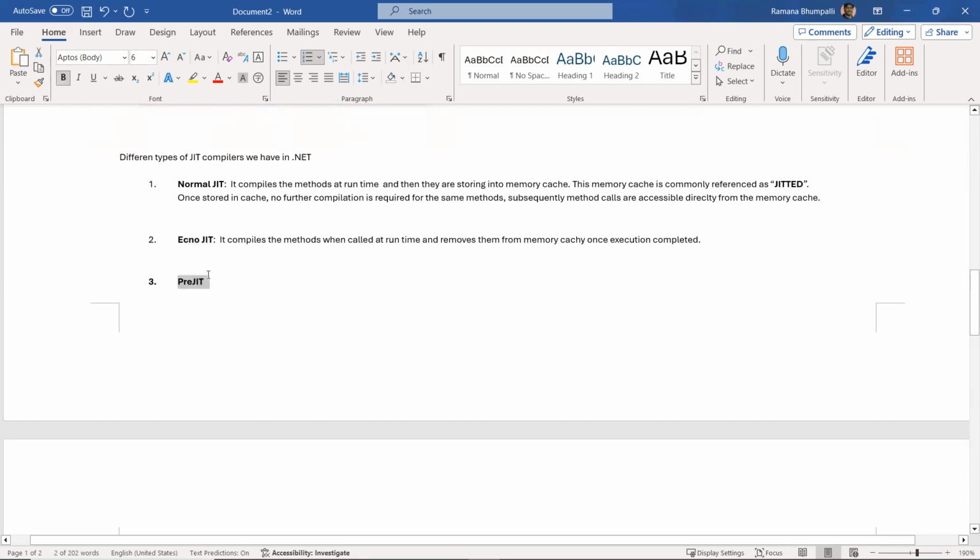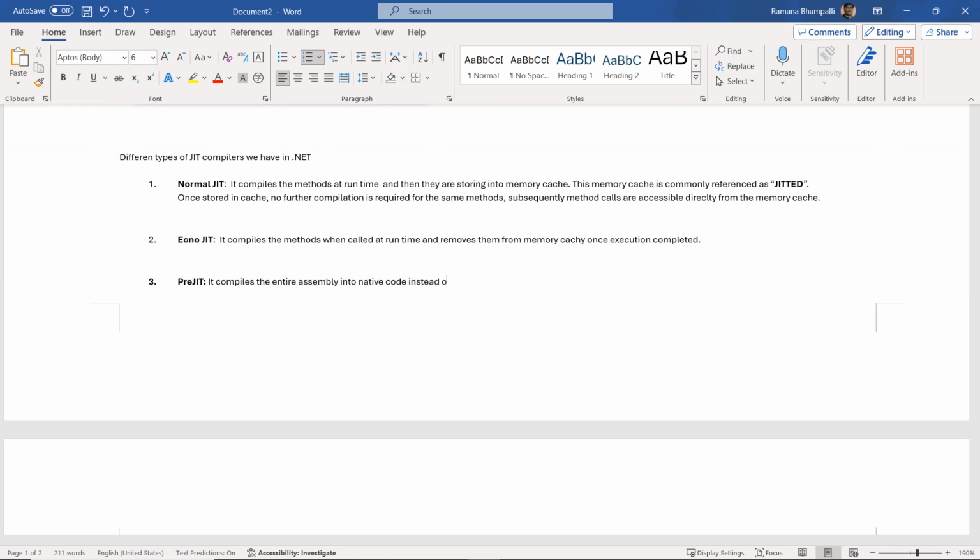Pre-JIT is different. As the name itself says, it will compile the entire assembly into native code instead of only used methods.